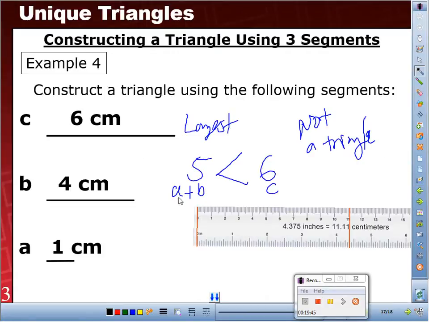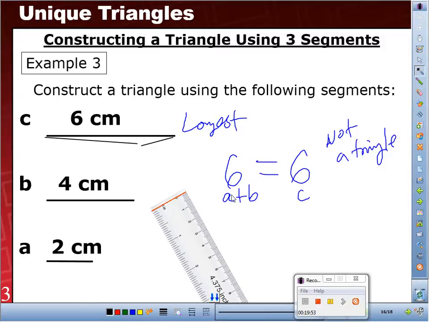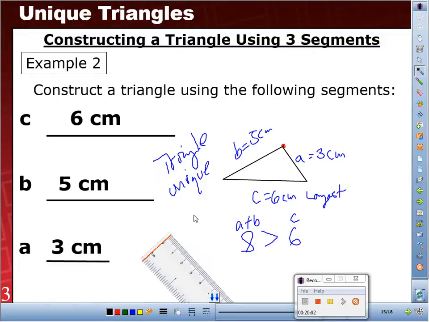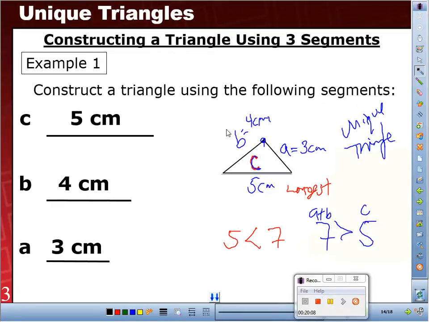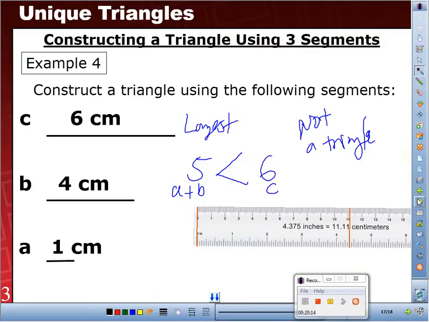Could the two sides add up to less than the longest side? No. Can the two smaller sides equal the longest side? No, there was no triangle. Can the two smaller sides be greater than the longest side? Can the sum of the two smallest sides be greater than the long side? Yes. So therefore, let's finish our definition.